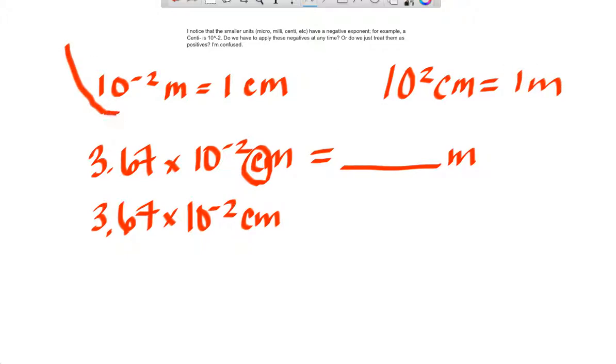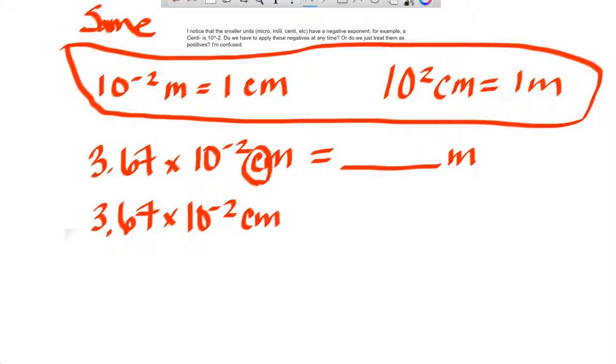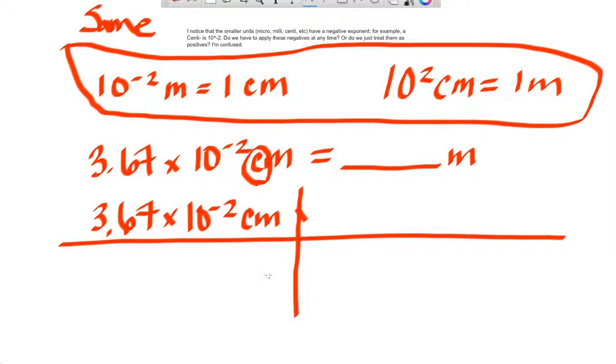These two things mean exactly the same thing. So I could say, railroad tracks, there's 10 to the 2 centimeters in 1 meter.